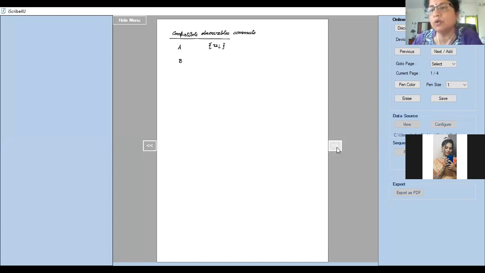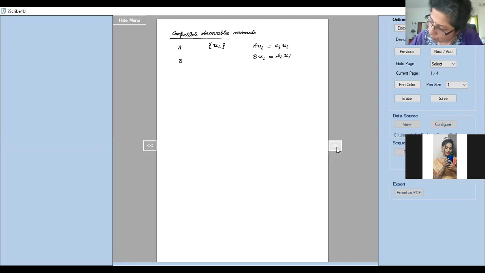This means that A operating on ui gives ai ui, and B operating on that same ui gives bi ui.